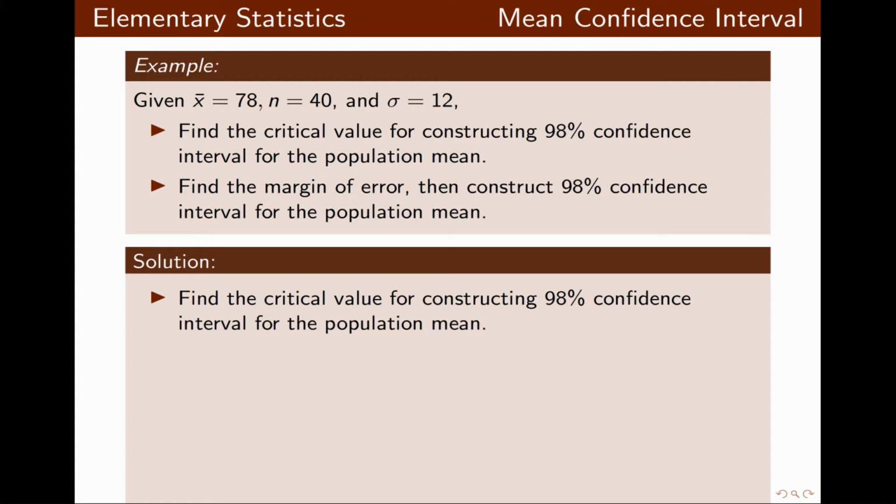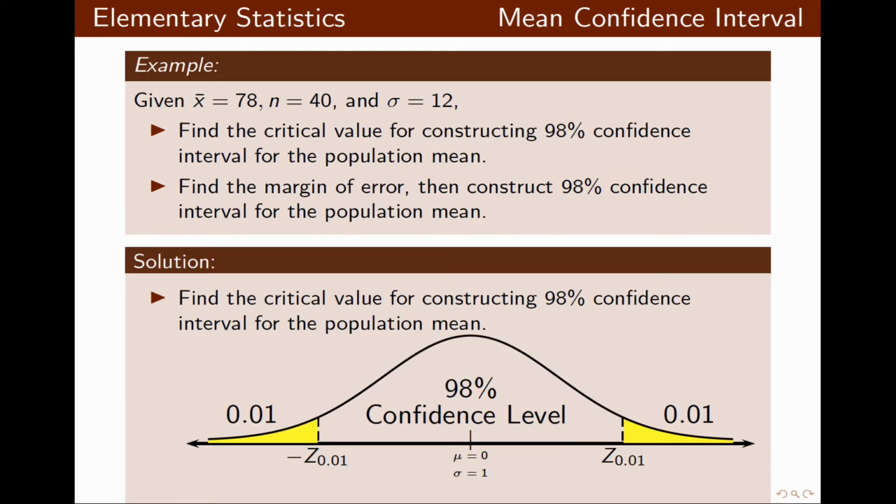So for the critical value, we're going to draw our standard normal probability distribution, which has a mean of 0 and a standard deviation of 1. The 98% desired confidence level will be the middle area, and that leaves us with 0.01 area for each tail on either side.